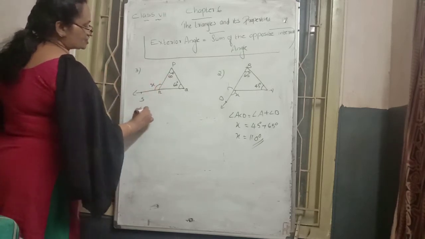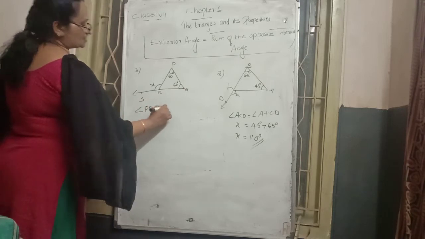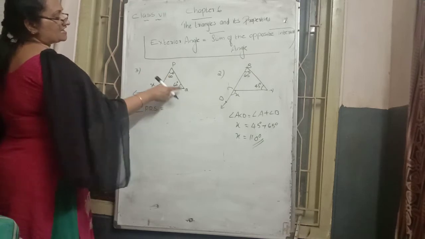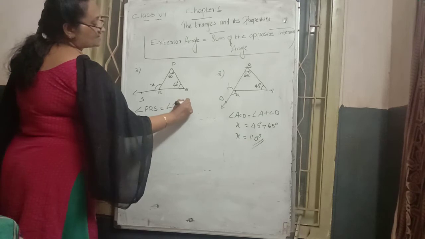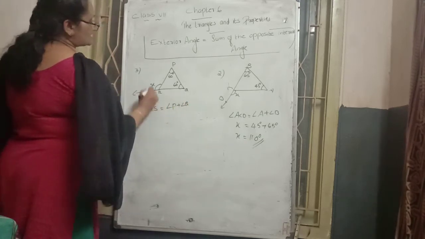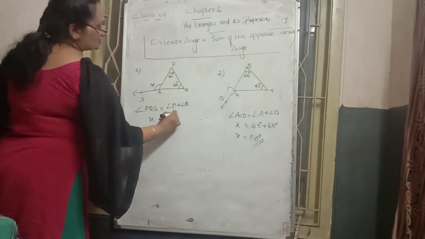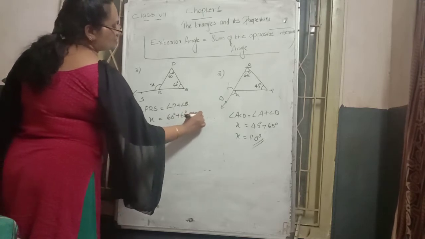Which is our exterior angle? PRS is our exterior angle. Exterior means outside angle. With respect to vertex R, the opposite interior angles are angle P and angle Q, and their sum is equal to x. That is the rule. So PRS is x, angle P is 60, angle Q is 60. 60 plus 60 is 120.